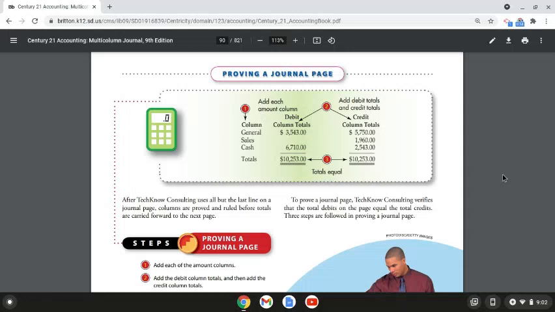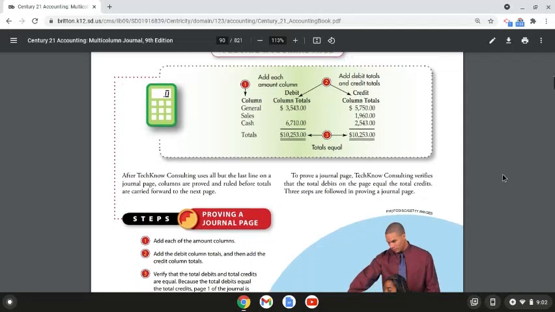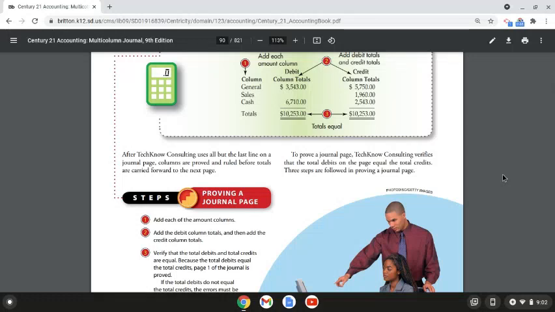So in this first part of the lesson, we'll be talking about proving a journal page. When we prove a journal page, there are 3 steps that are followed in this process. The first step is we add each of the amount columns. Next, we add the debit column totals, and then we add the credit column totals. And finally, we verify that the total debits and total credits are equal.